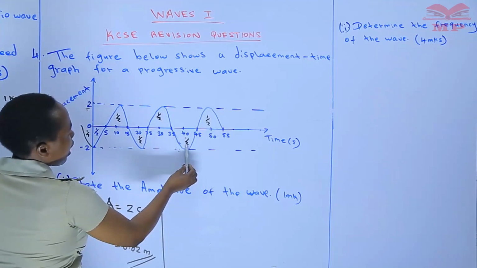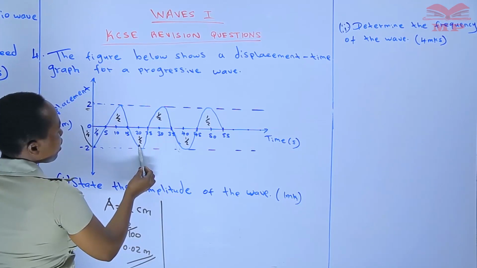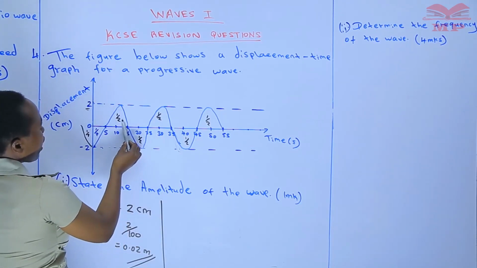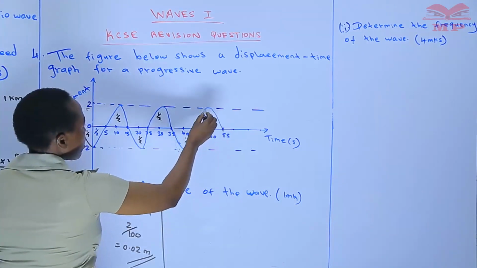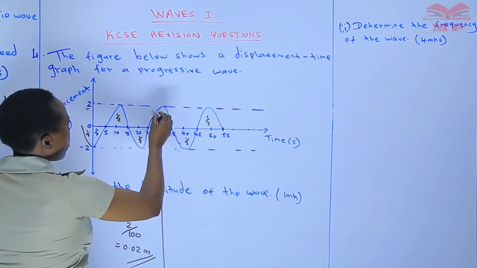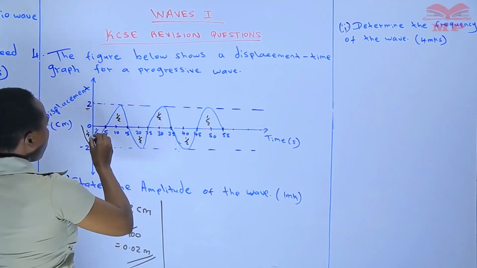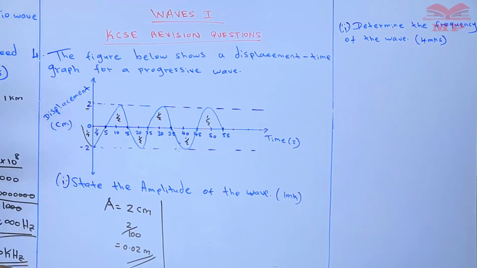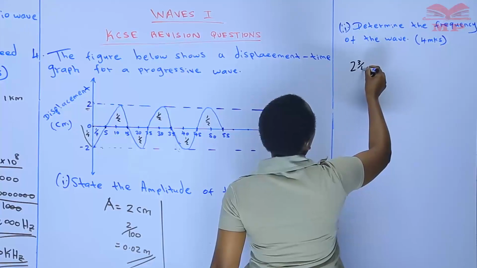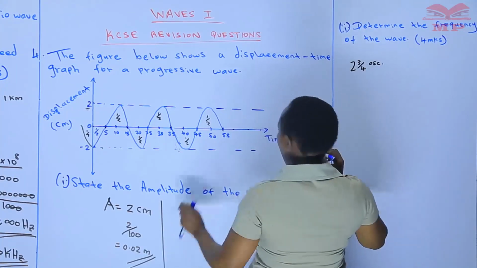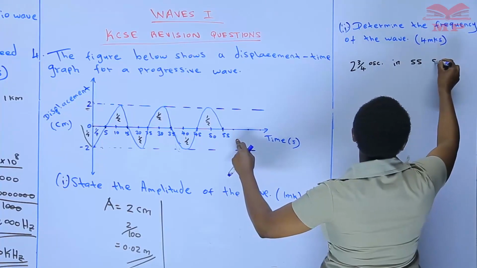So a half plus a half, that is 1, plus 2 halves, again those are 2, 2 and a half, 2 and 3 quarters. So we can say that 2 and 3 quarters oscillations are covered in 55 seconds.